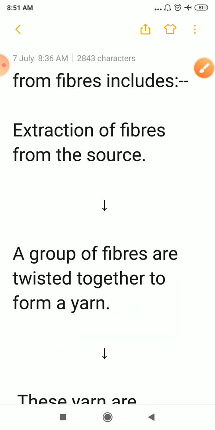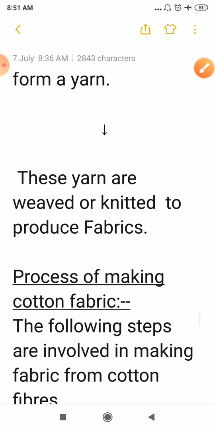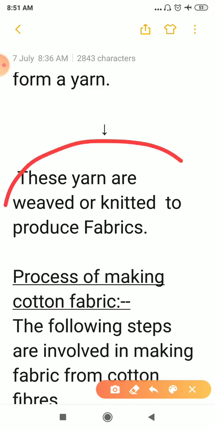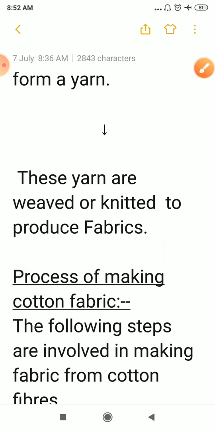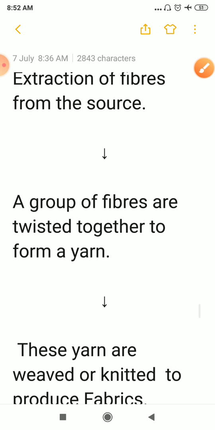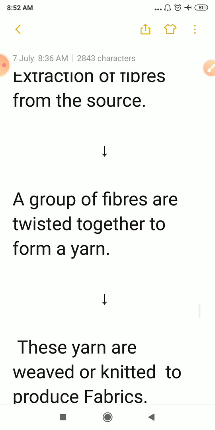After that, in the third step, we take the yarns and weave or knit them to produce fabrics. These are the three steps by which the fiber is turned into fabric.